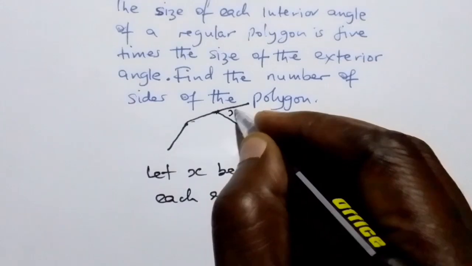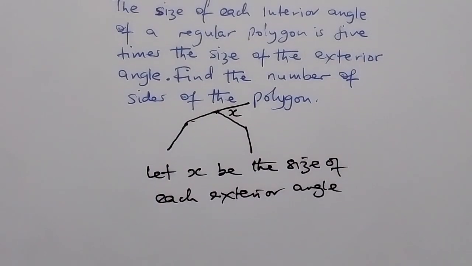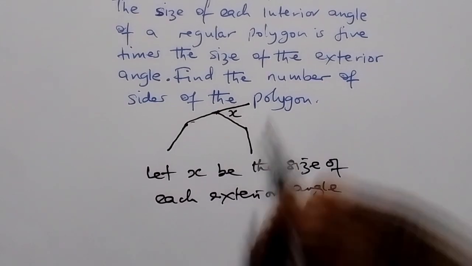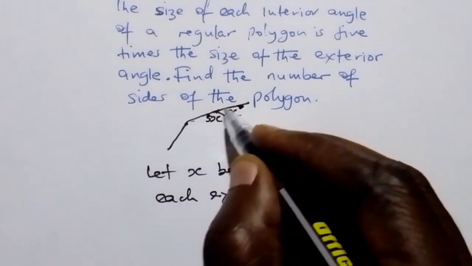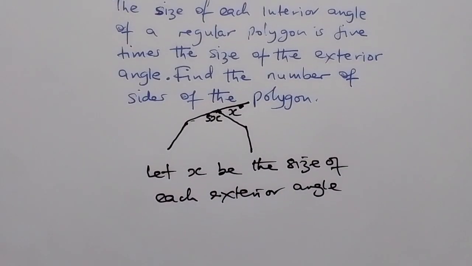So this is x, and we are being told that the size of each interior angle of a regular polygon is 5 times the size of the exterior angle. So it means that this angle is 5x degrees.